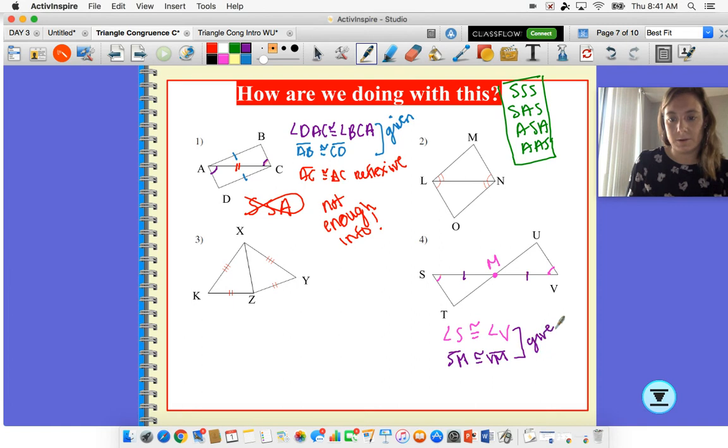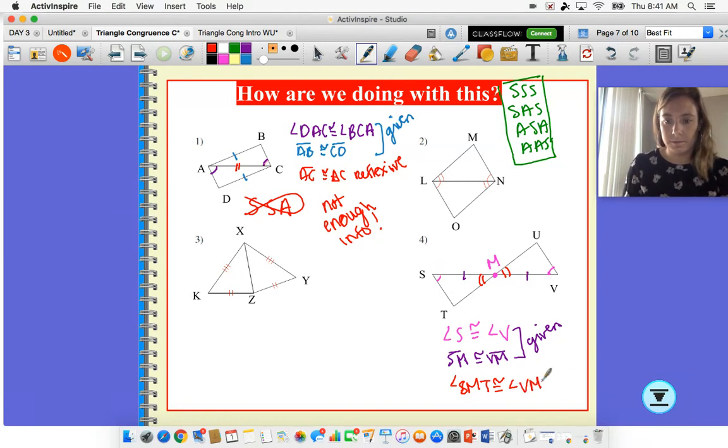Is there anything else that's maybe not marked off that I was told to look for, that I need to look a little deeper for? Oh, these two angles. I can't call them angle M. Angle SMT is congruent to angle VMU. Those are vertical angles.